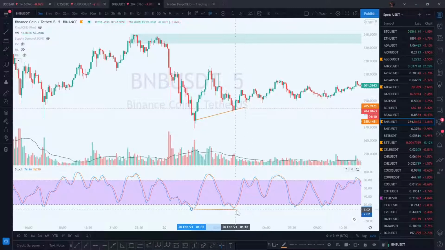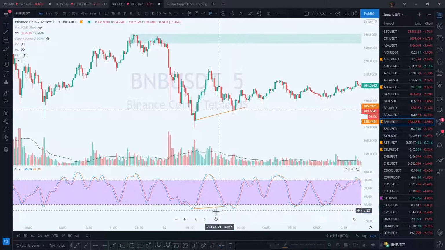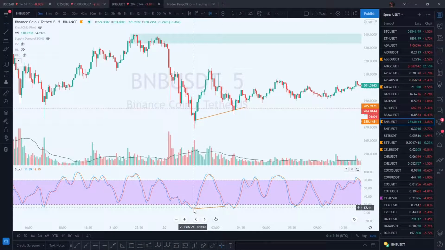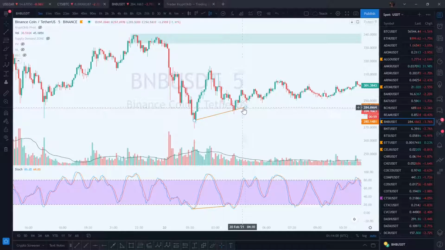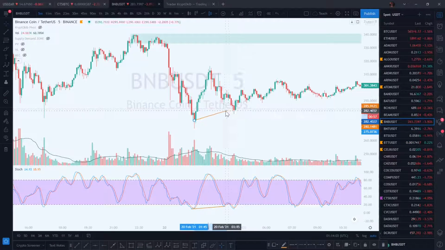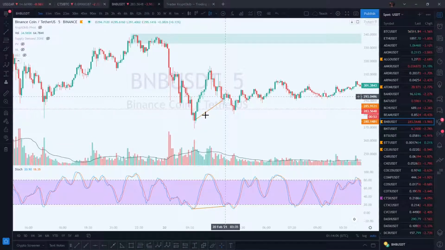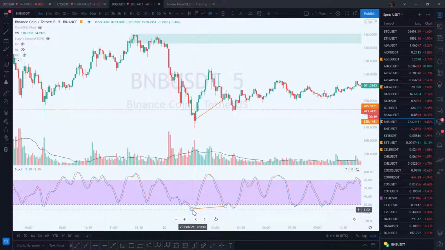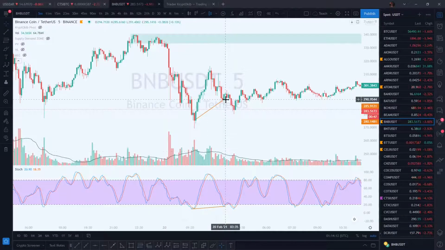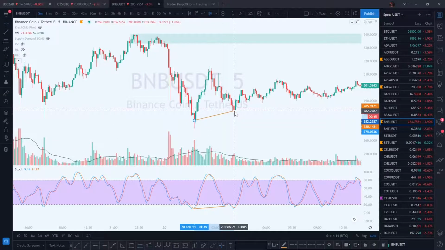Notice one thing. The moment this indicator was here, it was making a higher low to this low, right? And price was also making a higher low at this point here, higher to this low, right? The indicator was also making a higher low to this low. But price then came down here.